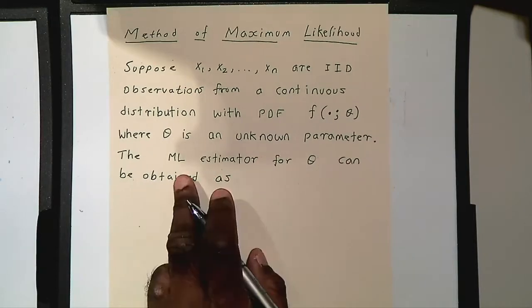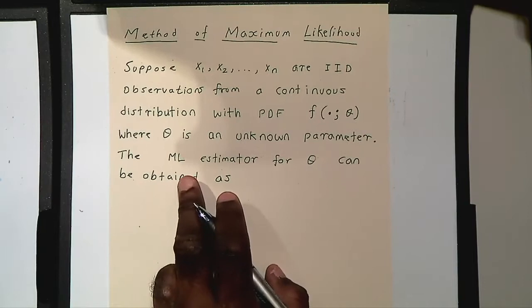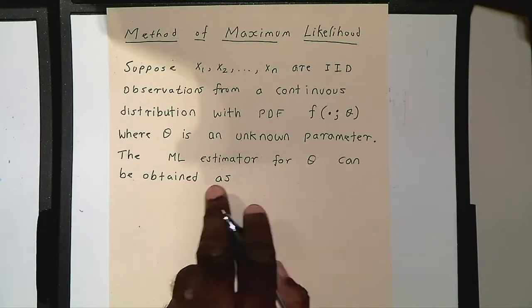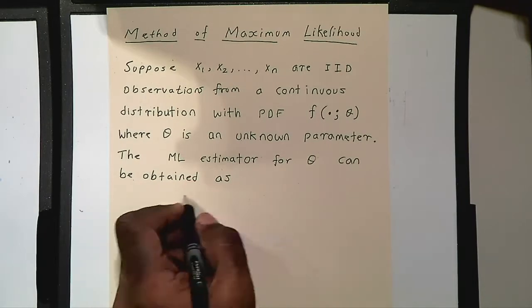The ML is short for maximum likelihood. The maximum likelihood estimator for theta can be obtained as follows.